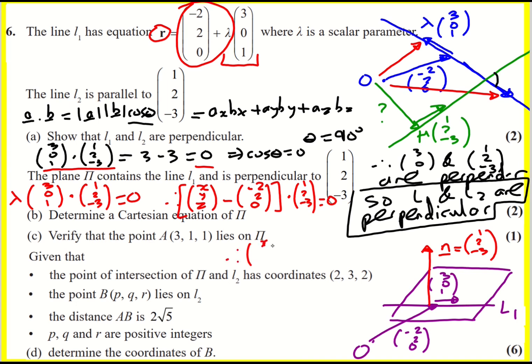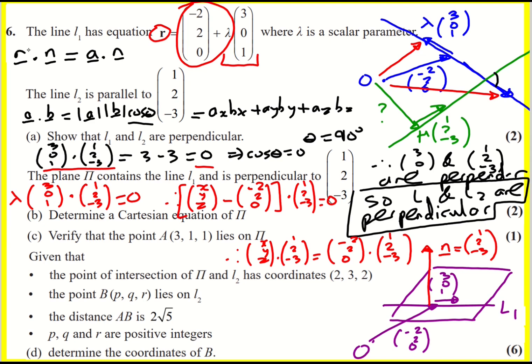And therefore x, y, z dotted with 1, 2, minus 3 is equal to -2, 2, 0 dotted with 1, 2, minus 3. Just rearranged it. By the way, this is me essentially deriving r dot n equals a dot n, where r is the vector x, y, z, n is the normal in both cases, and a is the vector that gets you onto the plane.